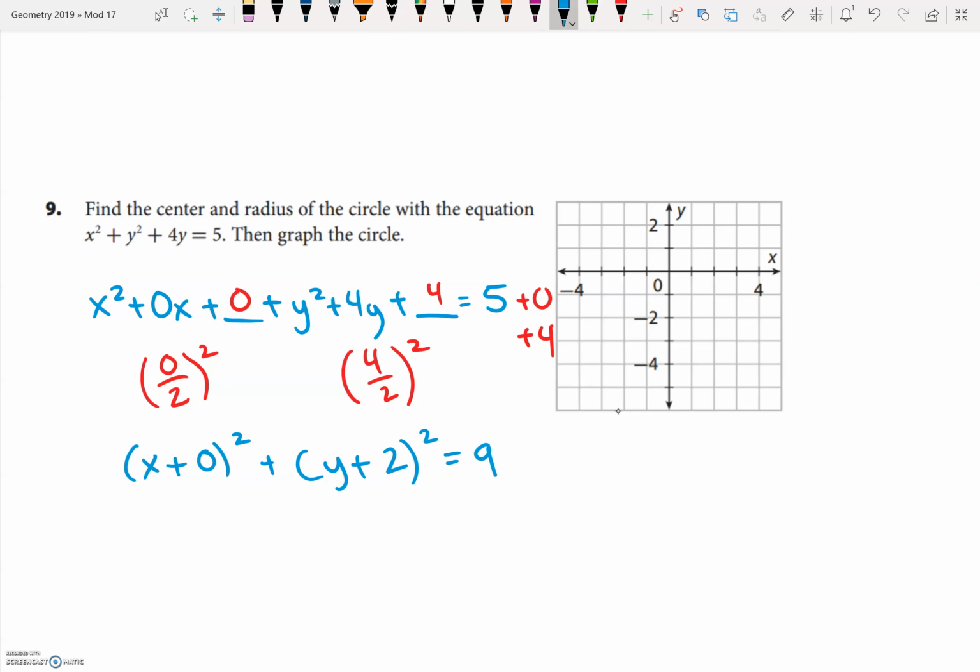And this is going to be 9. So x plus 0 is just x squared, which means that our graph is not going to be moving to the left or right at all. We have a radius of 3. So we're not going to go to left or right at all, but we are going to go down 2. So our center's right there. Our radius is 3.